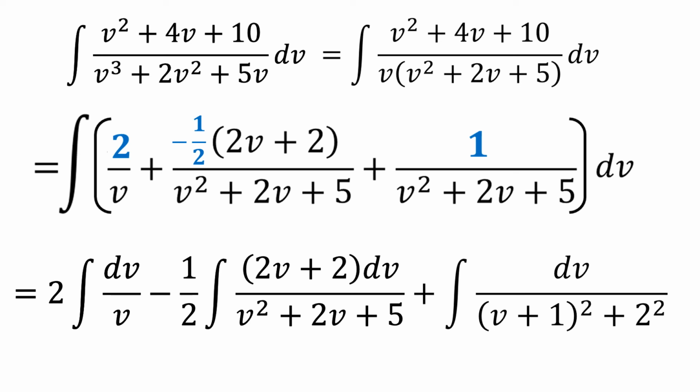Here we could say that v squared plus 2v plus 5 is equal to the quantity v plus 1 squared plus 2 squared.